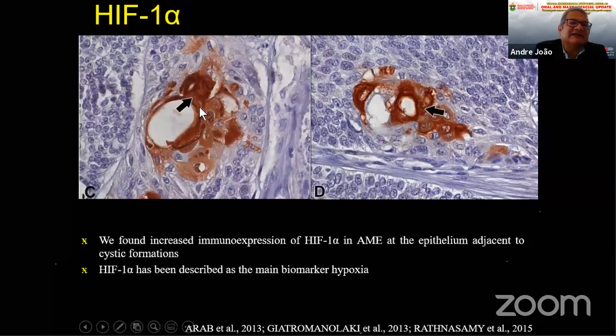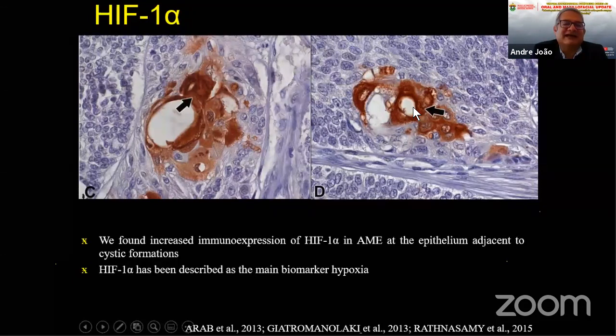Sometimes we observed the expression in the nucleus and cytoplasm of the neoplastic cells near the microcysts of ameloblastoma. It's interesting.